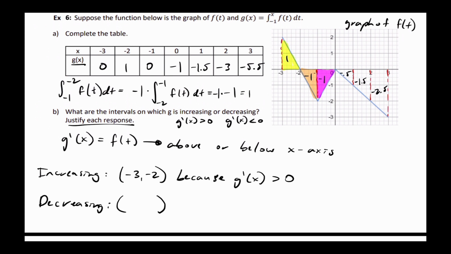So either one is okay. I would say from -2 to 0, or from 0 to 3. And then we say because G prime of x is less than 0.